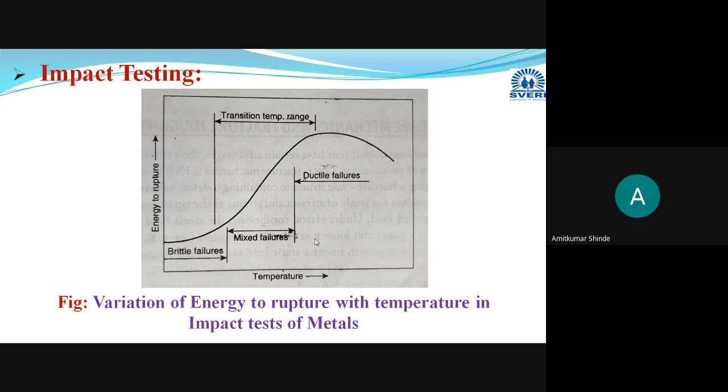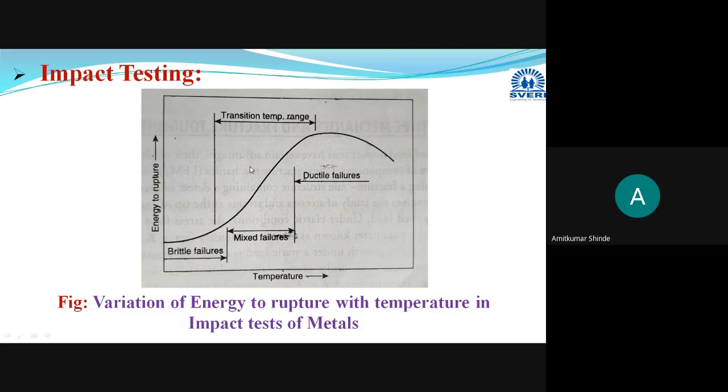And in this temperature zone, the mode of fracture changes. This is the transition temperature zone, or you can say the transition temperature range. Here the mode of fracture is changing from brittle to ductile. That's why this zone is termed as the transition temperature zone.